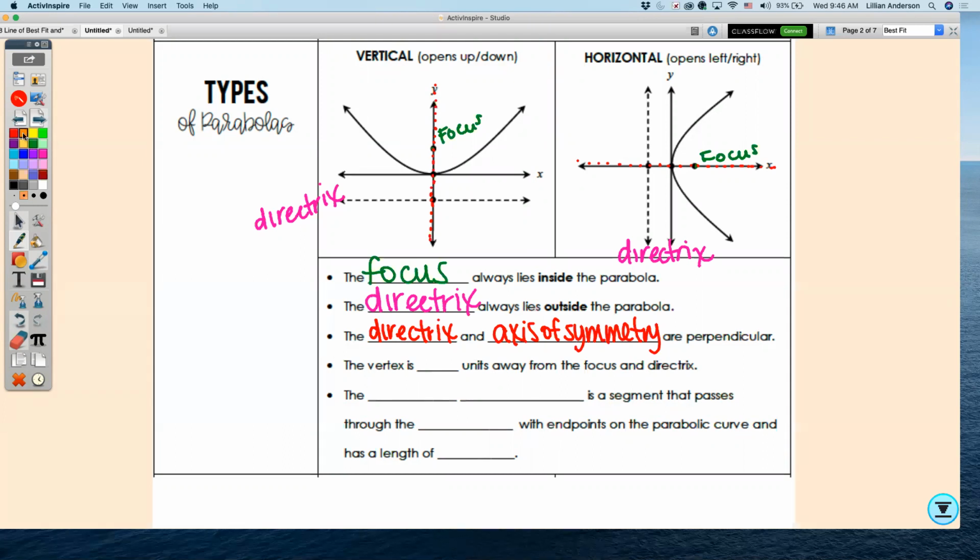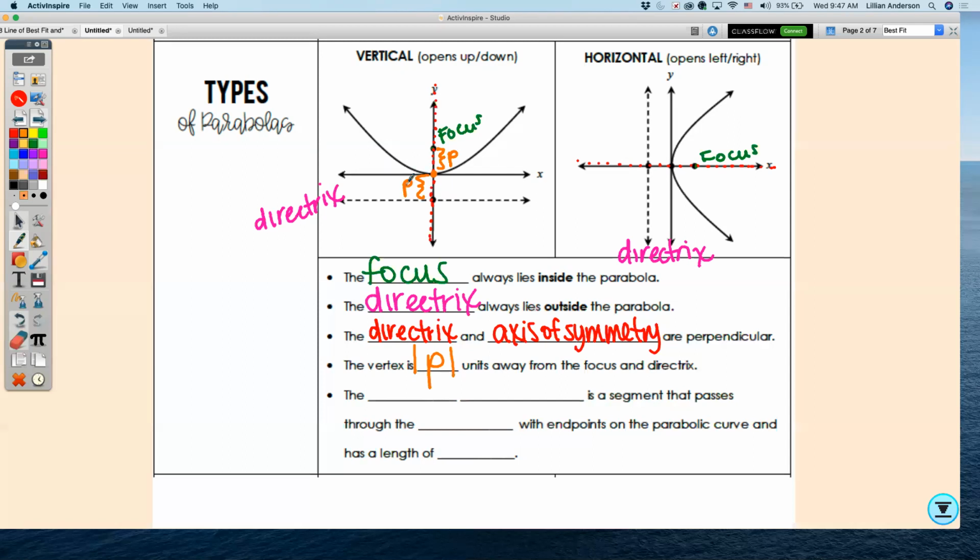Now the vertex itself, that point right there, is always absolute value of P units away from the focus and the directrix. So there's a value that's indicative of P that is essentially the distance from the vertex to the focus and the vertex to the directrix, okay?